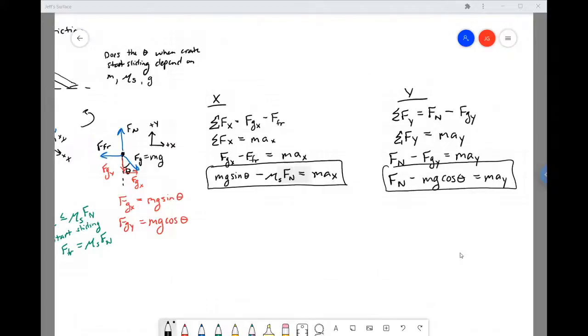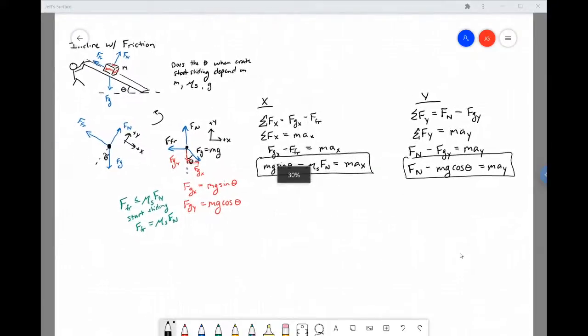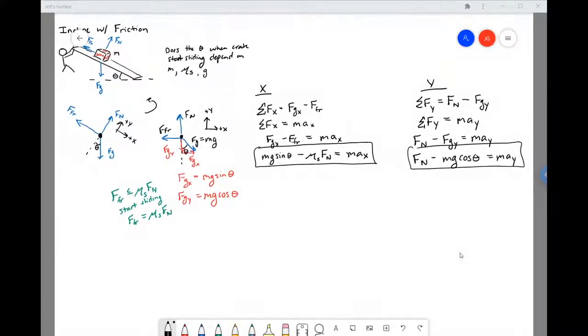Okay, so applying Newton's second law to this situation, we get two equations, one for the x direction and one for the y direction. If we look at this, what's common between the two? The normal force. You see that? The normal force, it's blue, is in both.